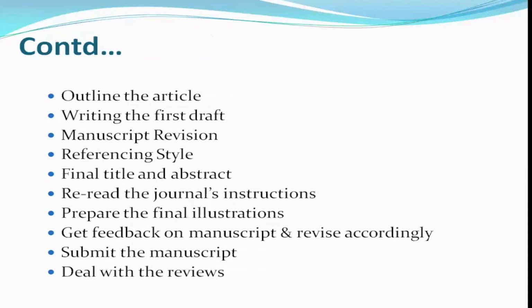The next thing is that one should outline one's article in the sense that what are the things which should come first, what can come later on. Also, it is important that when you're having co-authors in the same article, you allot different aspects to different co-authors.